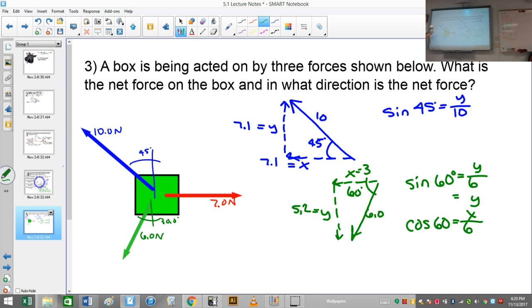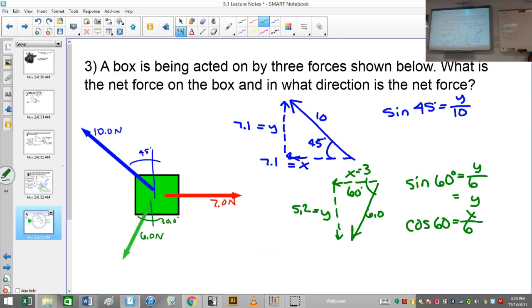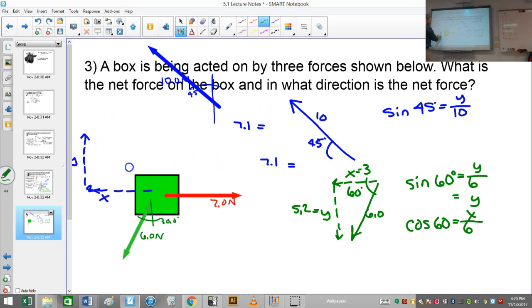Step 2. Replace the diagonal vectors with your x and y components. So I'm going to get rid of this vector, and I'm going to replace it with my x and my y component. So I think what I'll do is I'll just draw new ones in here.